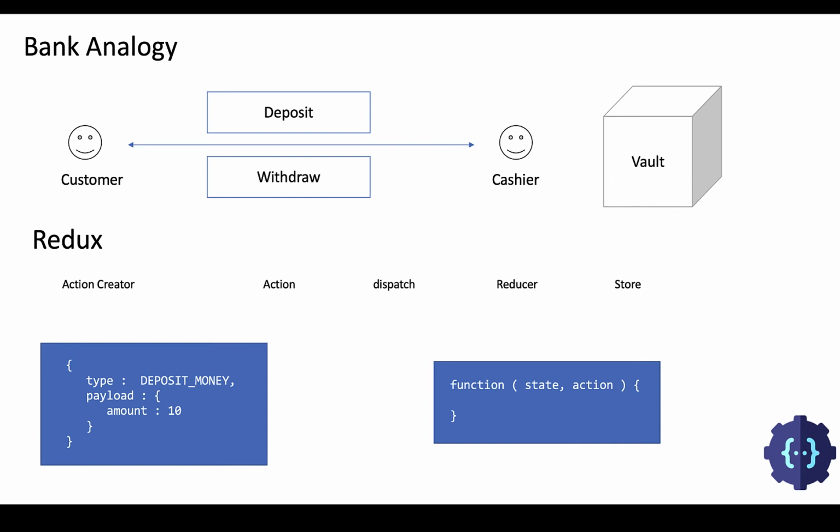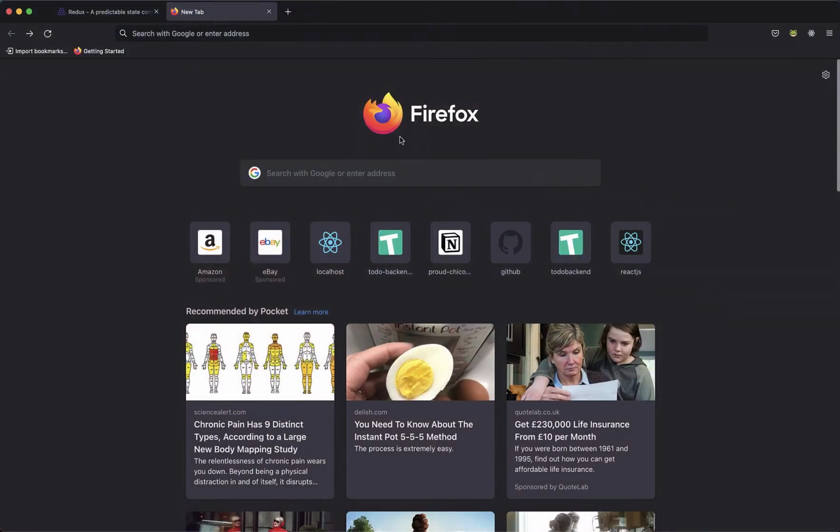Okay, we're going to write some functions and we will see how Redux works. Okay, let's go to the browser. What we will do is write these functions in CodePen, which is an editor in the browser, because there is no point of us writing that in a code editor and compiling it. These are just demo functions which are going to help us understand how Redux works, right?